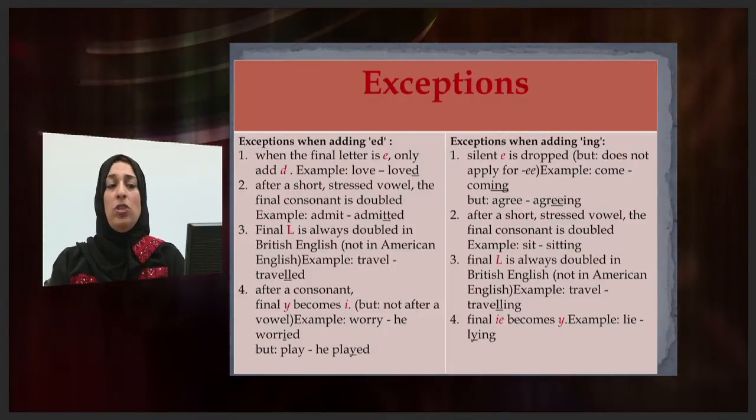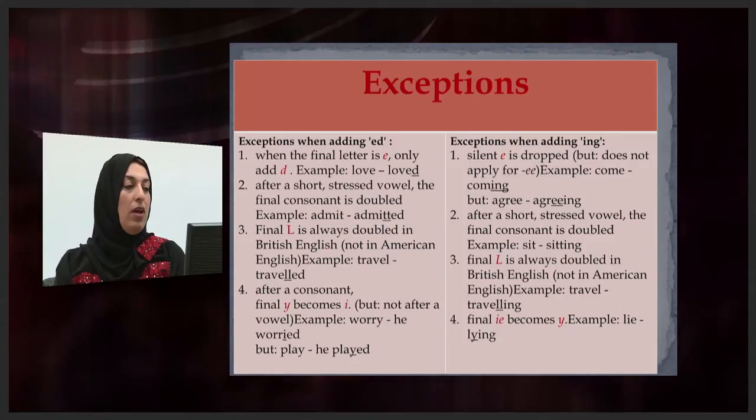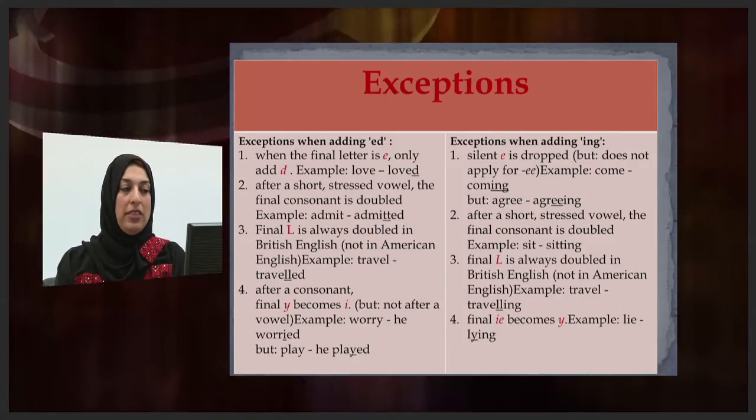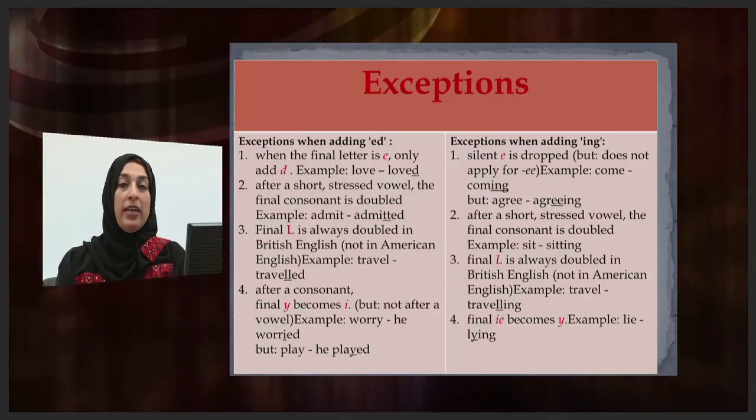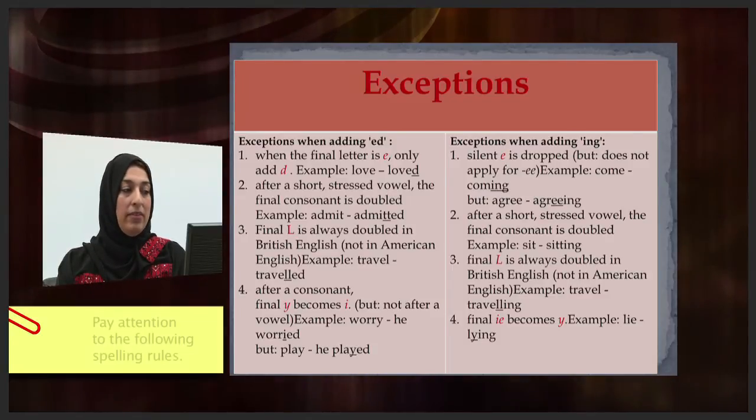We have some exceptions, of course. Exceptions when adding ed. 1. When the final letter is E, we only add D. Example, the word love. As you can see here, the word love ends with E, so we only add D to it. 2. After a short stressed vowel, the final consonant is doubled.